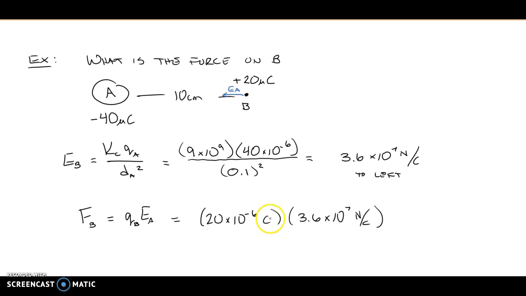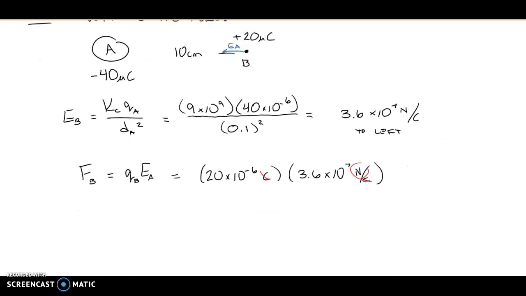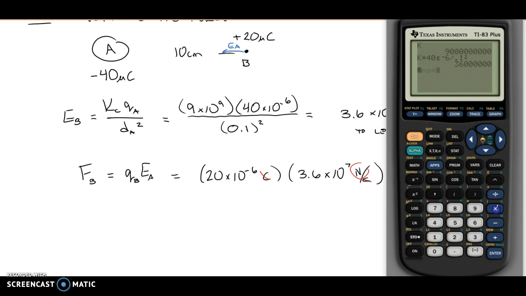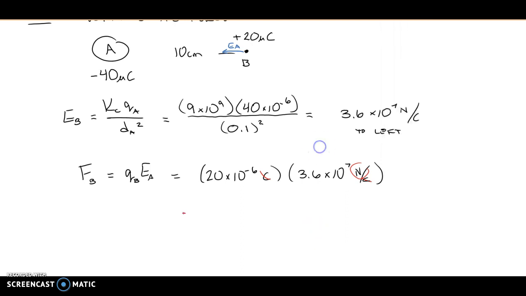As you see, the coulombs cancel and we are left with newtons. I'm going to take the answer and multiply by 20, second EE, negative 6. And I get a value of 720 newtons. The direction of the force would be in the same direction as the field, so that would be towards A.